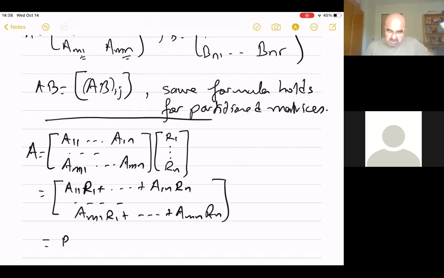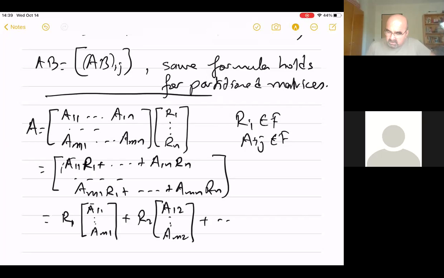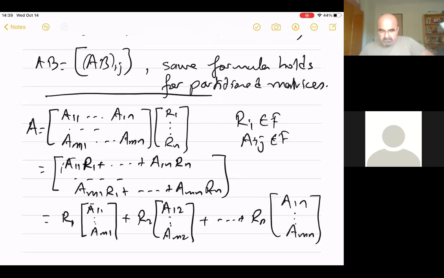Or we might write it like this: R1 times the column A11 through AM1, and then R2 times the column A12 through AM2, etc. And finally, the last entry will be Rn times the column A1n through AMN, where the Ri's and the Aij's are from the field.